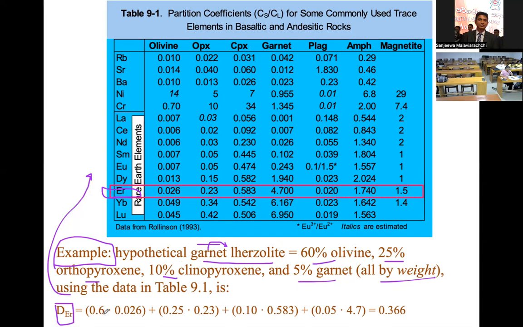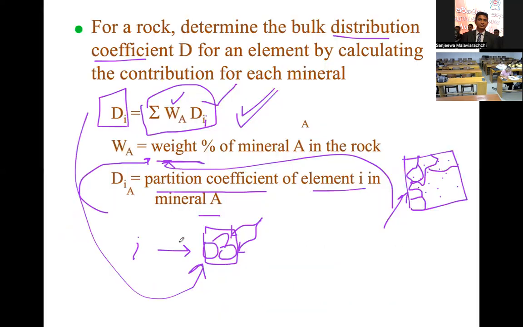What is the bulk partition coefficient? What we have to do is take the summation of all these products, W times D: W1 times D1 plus W2 times D2 plus W3 times D3, like that, whatever the number of minerals you have.